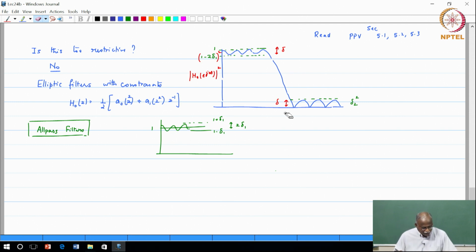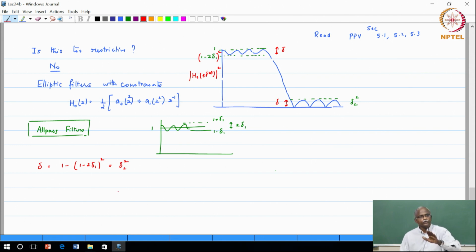If you do satisfy this, then the constraint that we have now imposed on the elliptic filter design is delta equal to (1 minus 2 delta 1) whole squared. 1 is the upper line, the lower line is (1 minus 2 delta 1) squared, and the deviation is also equal to delta 2 squared.